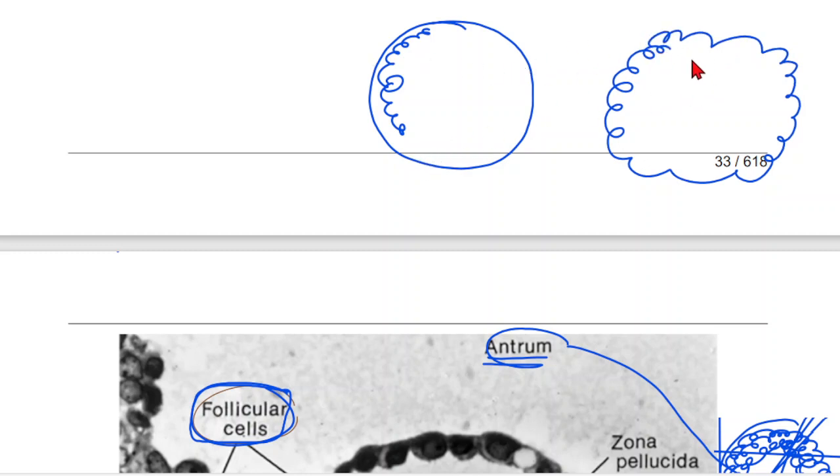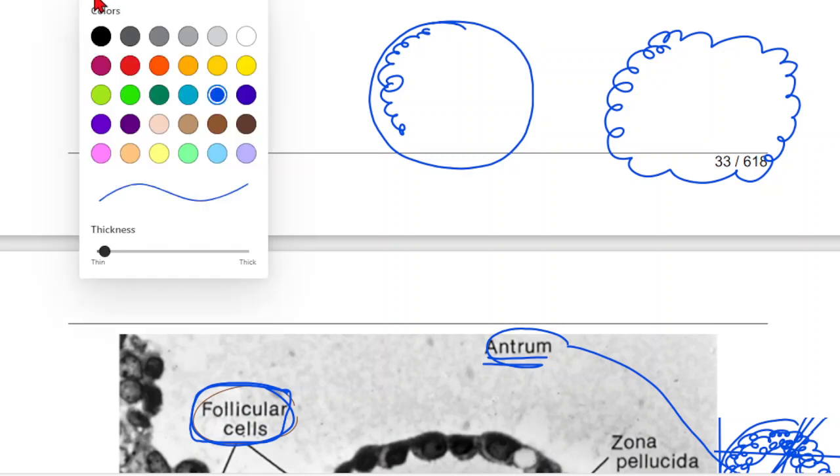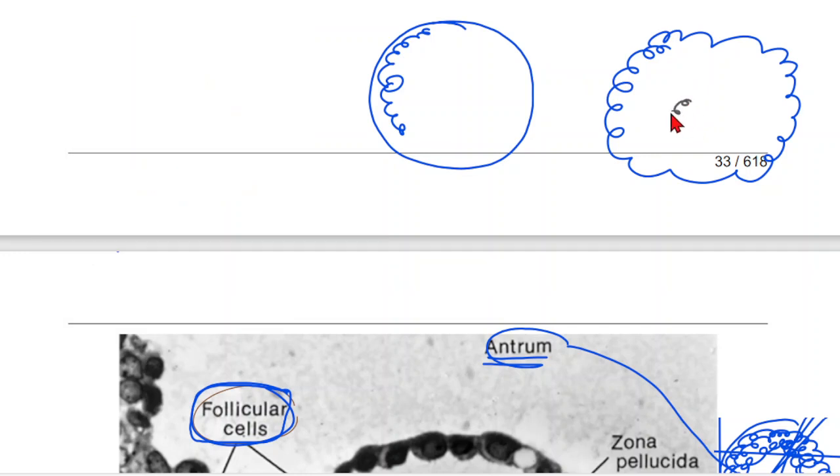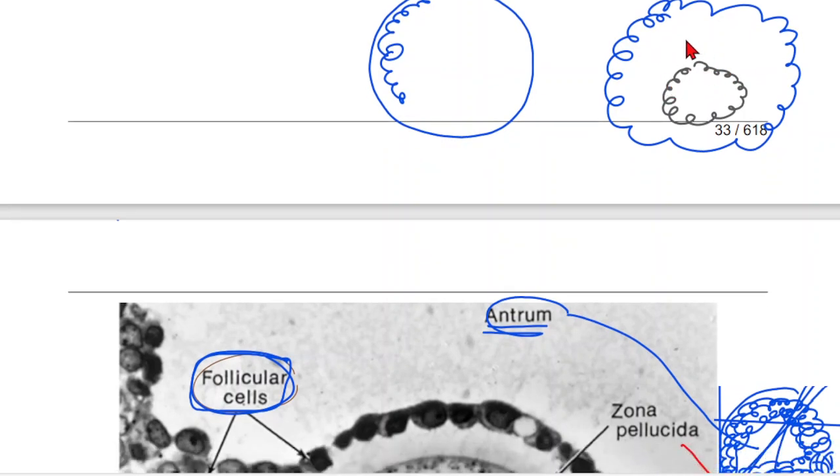This is the follicular cell. One is the theca externa, and one is the theca interna. Now come here, the theca interna. The space between them is created, and this space is called the antrum.